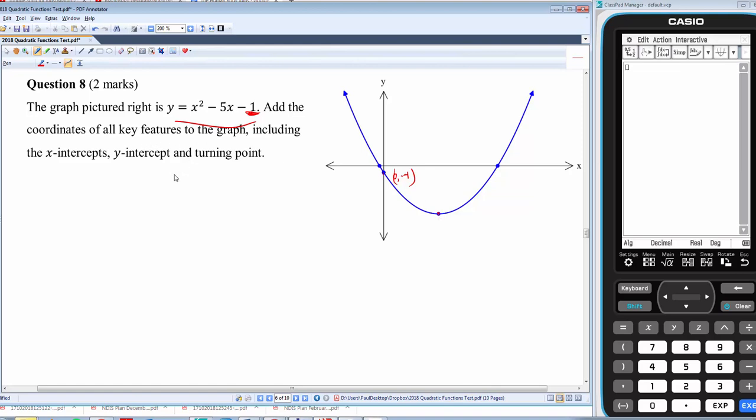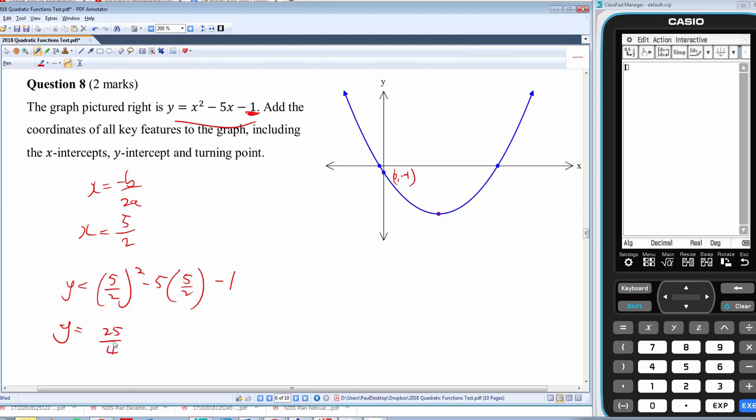The turning point, so that's x equals negative b on 2a, x equals 5 over 2. Now we need to substitute that into here, so we're going to go y equals 5 on 2 all squared, take away 5 lots of 5 on 2, take away 1. 25 on 4, take away 25 on 2, take away 1.